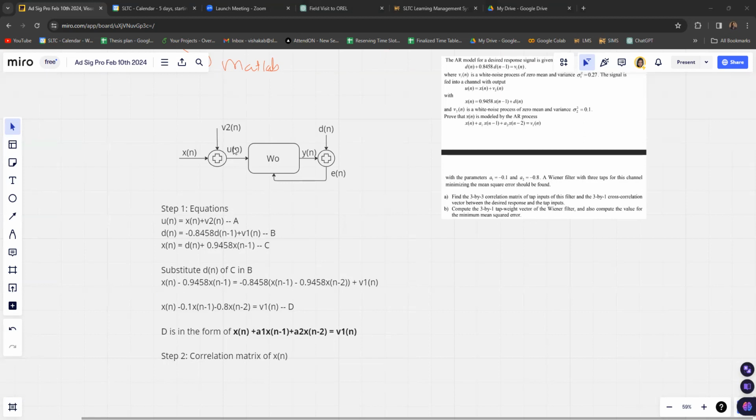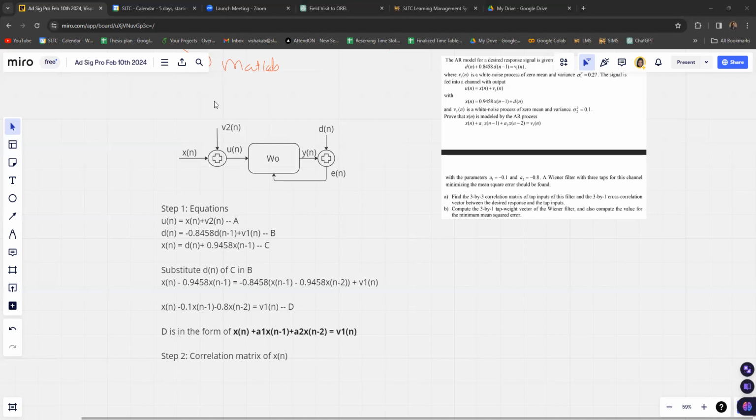The input to the filter will be un, and that un will be a combination of xn and v2n. So xn is a random process signal, and this v2 is a white noise process, white noise random process.